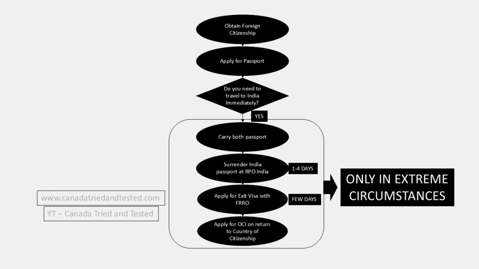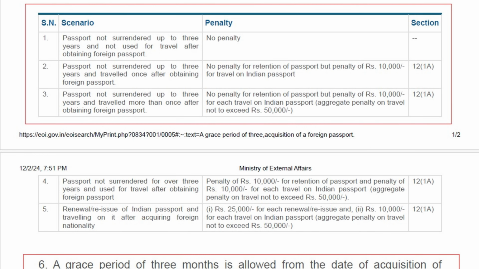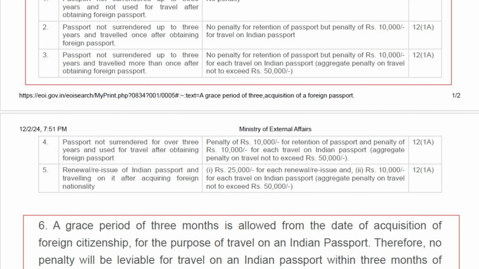They traveled from Canada to India on their India passport because they had recently acquired citizenship, and once they landed in India, they surrendered that India passport with the RPO. Again, there's a detailed video. A lot of people shared their experience, thanks to all of you, on how the process was in different geographies.